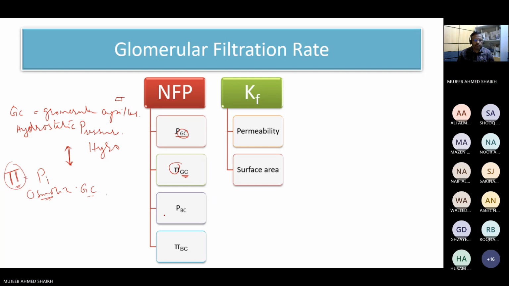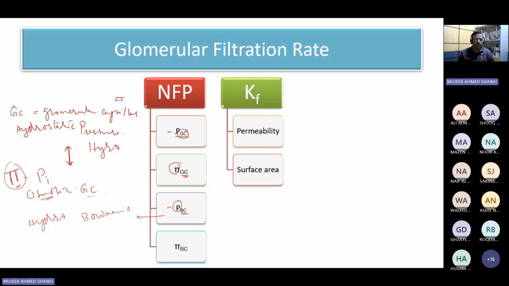Similarly, the third factor is, what is this P again? Same as here, hydrostatic pressure. But where? BC, Bowman's capsule. Very good.